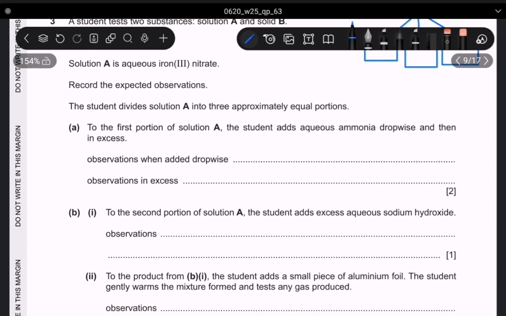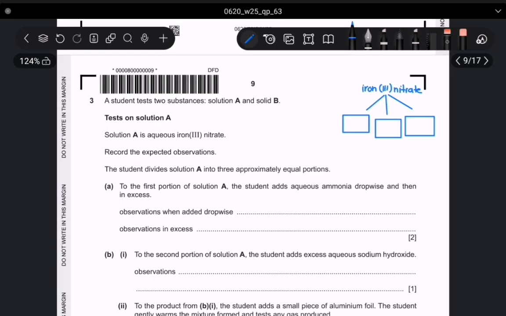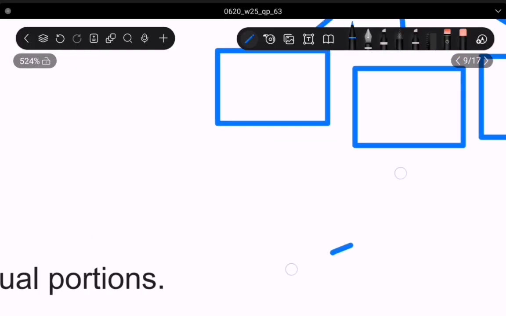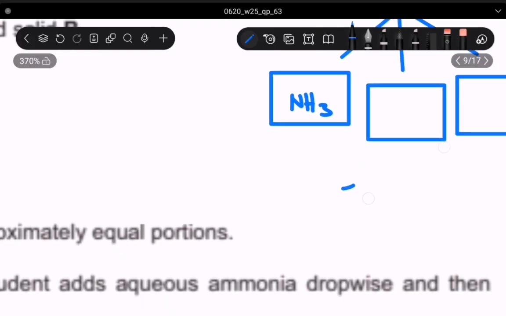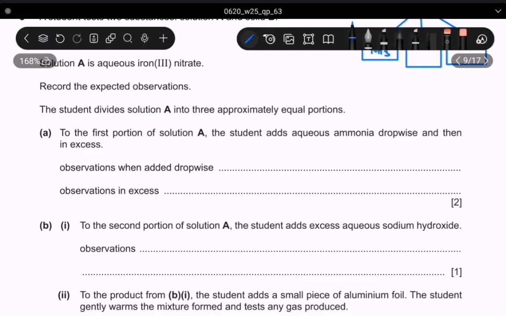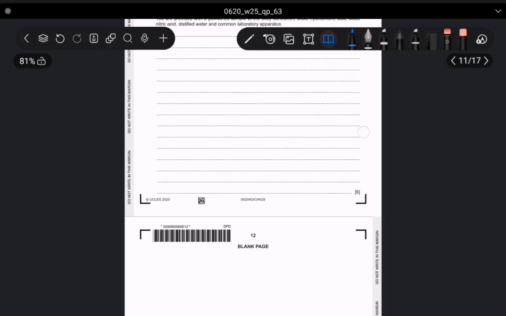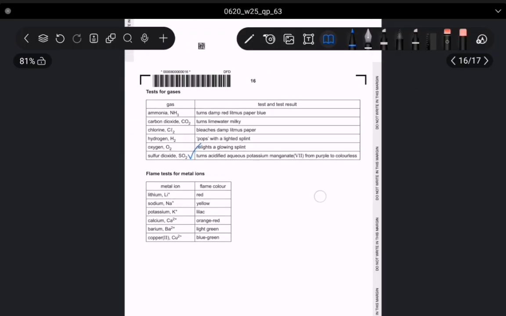For the first portion of solution A, the student adds aqueous ammonia dropwise and then in excess. So we're adding ammonia, which is NH3, dropwise. We're going to go back to those notes.